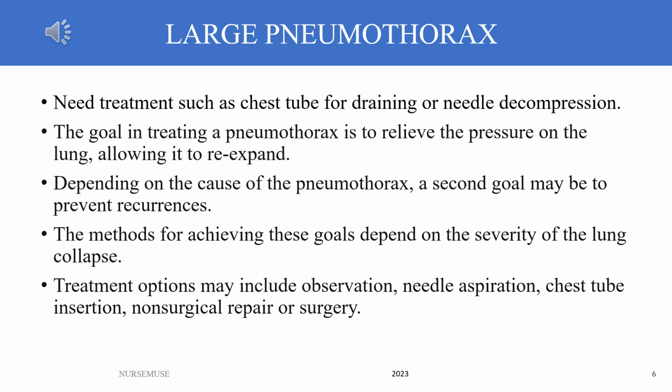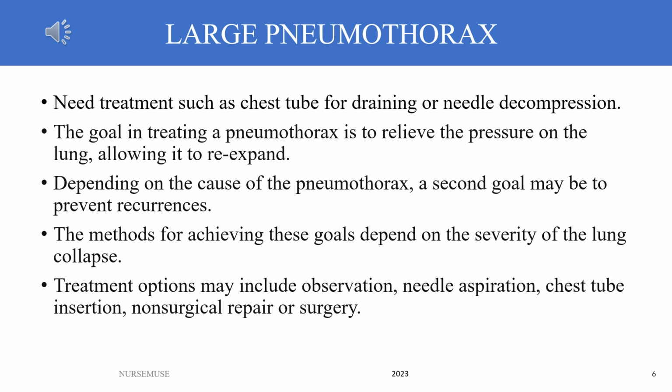If the patient presents with a large pneumothorax, the patient is going to need treatment such as a chest tube for draining or a needle decompression. So the goal in treating a large pneumothorax is to relieve the pressure on the lung, allowing it to re-expand. Remember, we have all that air trapping on the outside of the lung.